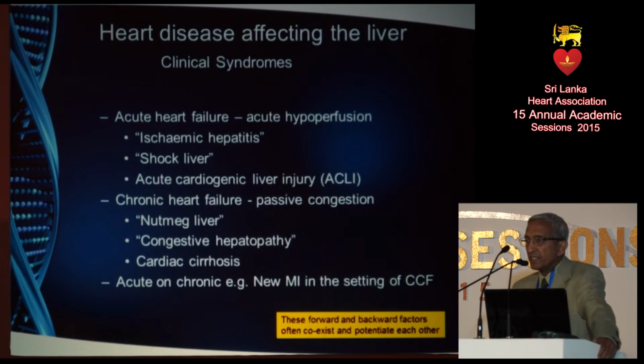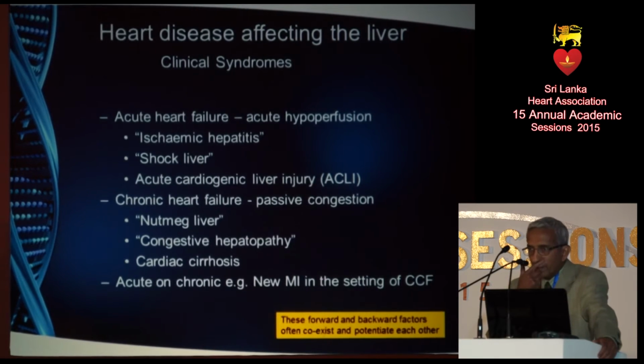When one looks at heart diseases affecting the liver, there are clinical syndromes. First is the acute heart failure, where there's primarily acute hypoperfusion, which can lead to what is called ischemic hepatitis, shock liver, or the new term acute cardiogenic liver injury.